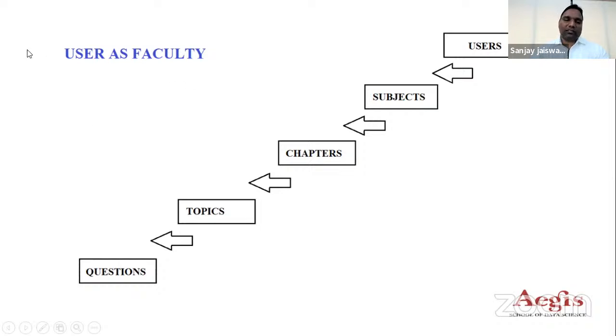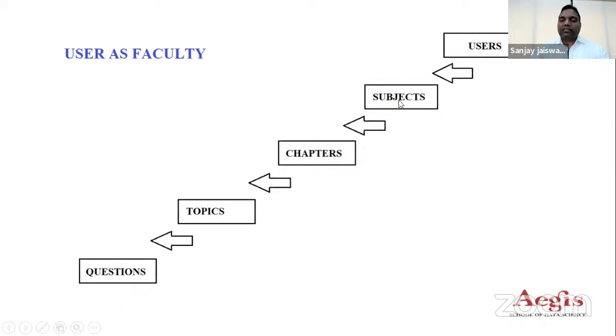So here for the first set of user, if the user is a faculty, we will have a table called user, but the role will be different. So the first role is that the user is the faculty. What is the user going to do? The faculty is going to create the subject.